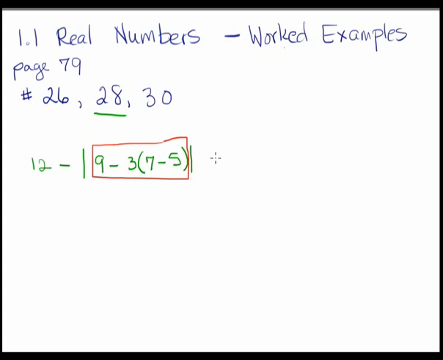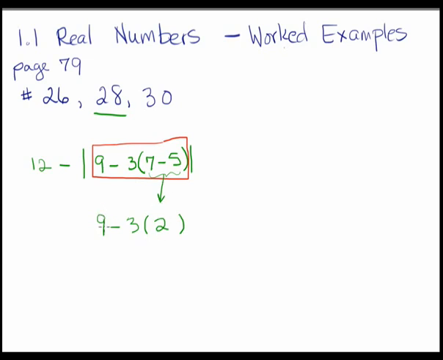Inside the absolute value bars, I have the expression 9 minus 3 times the difference between 7 and 5. 7 minus 5 is 2. I have to do this first, because order of operations tells me I must do my work inside the parentheses first, before adding or subtracting, multiplying or dividing anything outside the parentheses. So I have to do this step first.